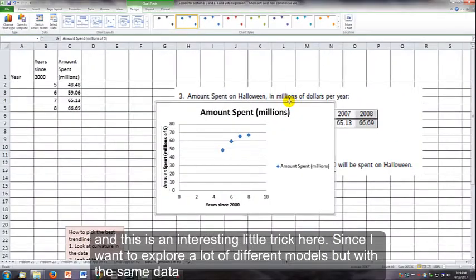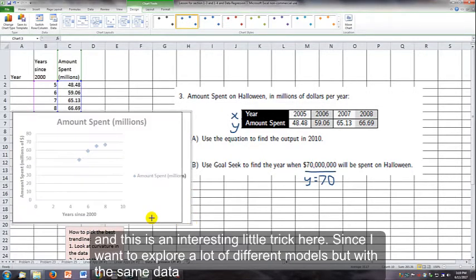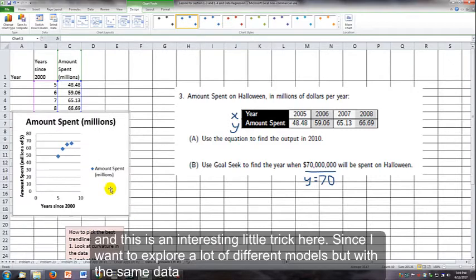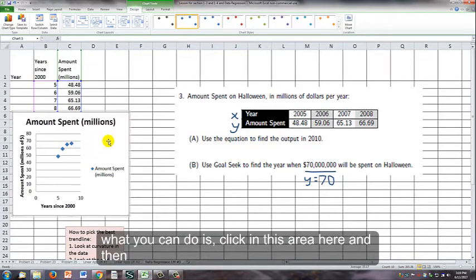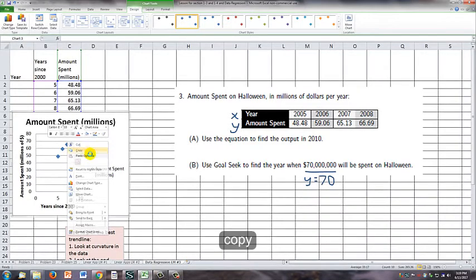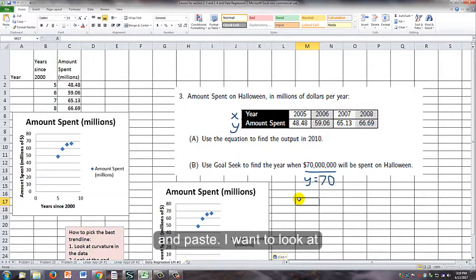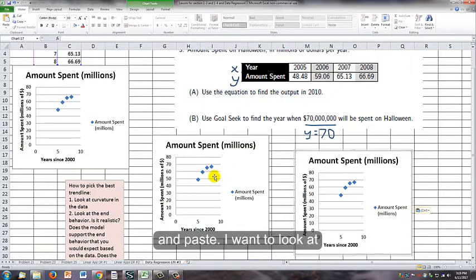And this is an interesting little trick here, since I want to explore a lot of different models but with the same data. What you can do is click in this area here and then copy, and then click in an open area and paste and paste. I want to look at 3 different models.